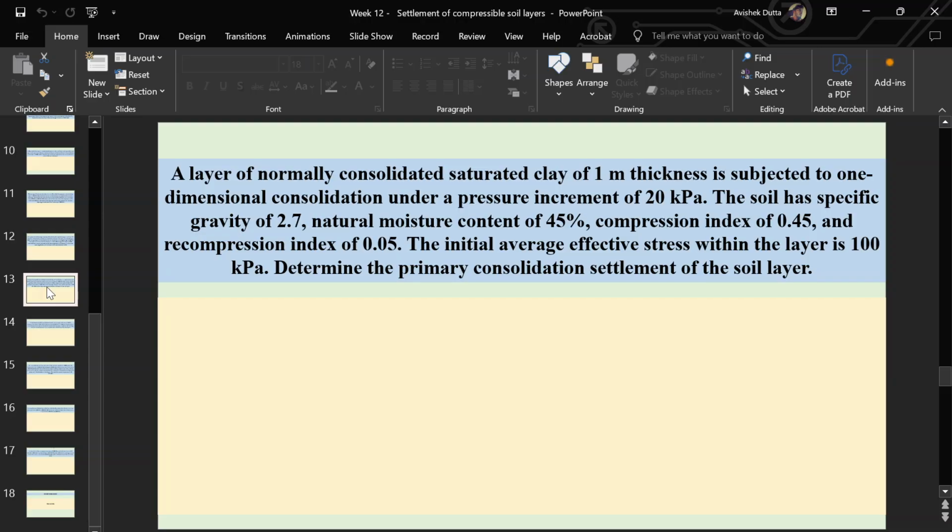The initial average effective stress within the layer is 100 kilopascal. Determine the primary consolidation settlement of the soil layer. Okay, next question.